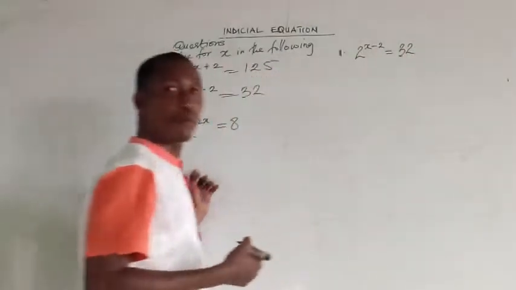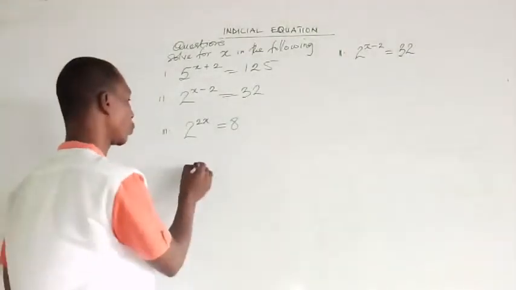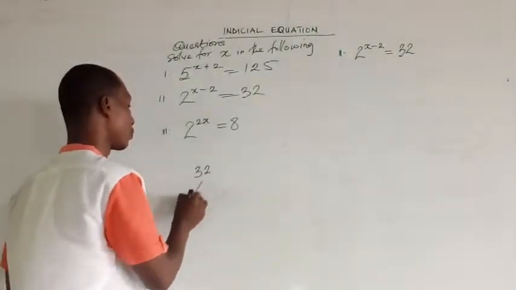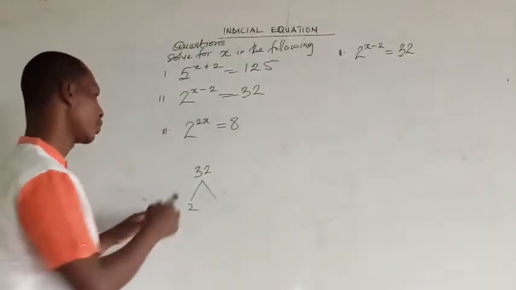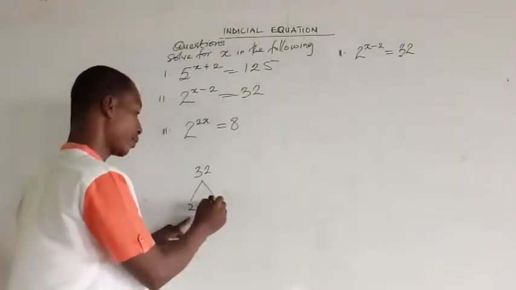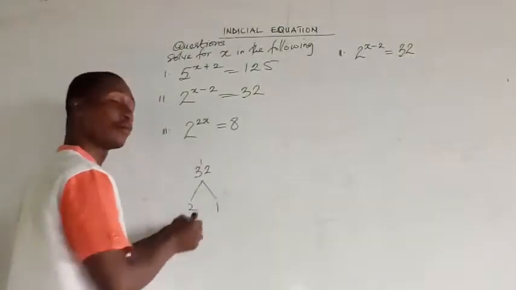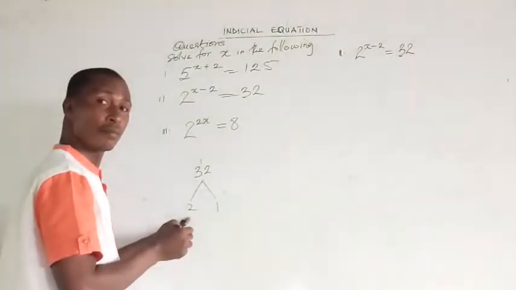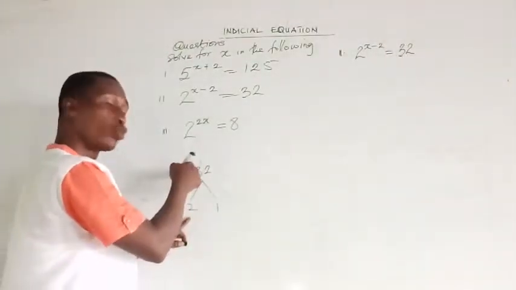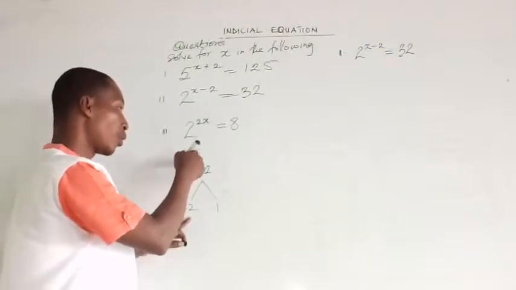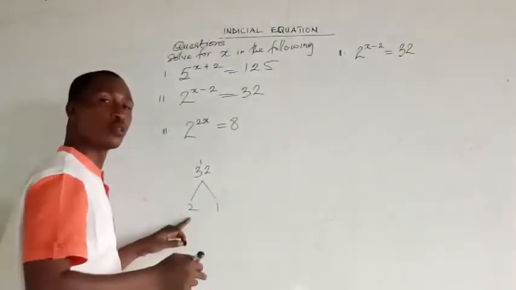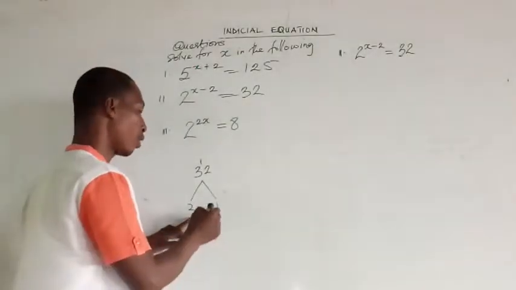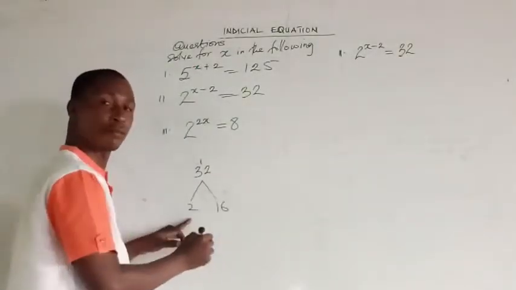So I'm breaking 32 here. 2 goes into 3 once, with a remainder of 1. Because if you subtract 2 from 3, you'll be left with a remainder of 1. This one will add up to 2, making 12. So 2 will go into 12, 6.